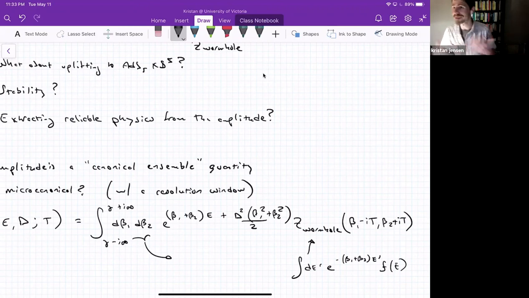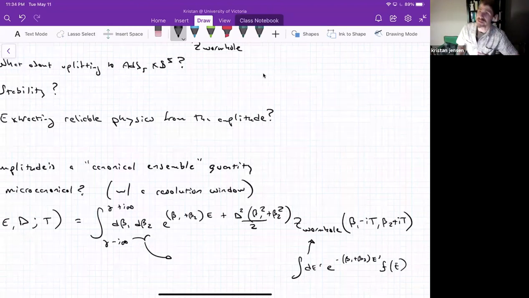And you basically extract a geometry with a fixed metric, except the saddle point that you land on is not a Euclidean geometry.